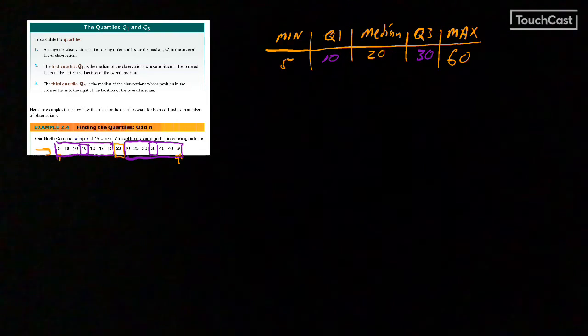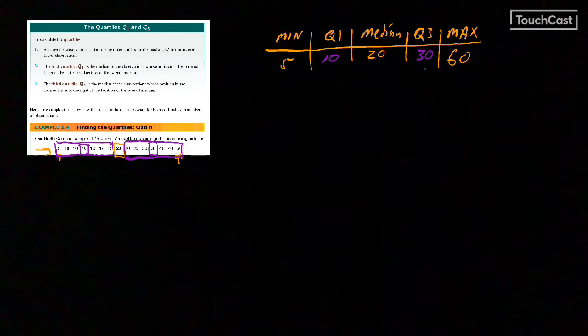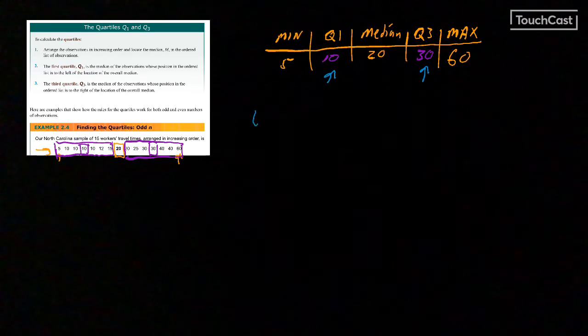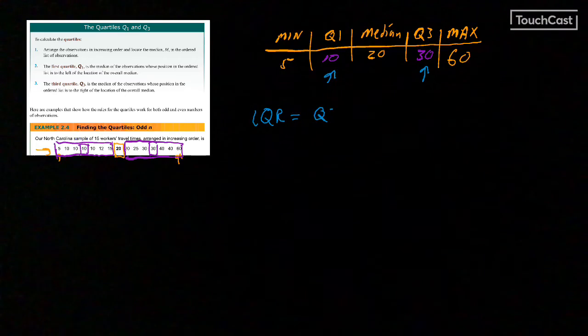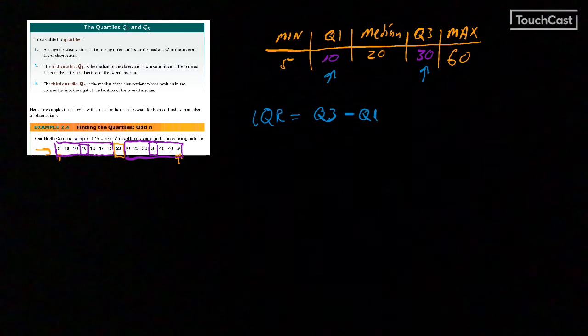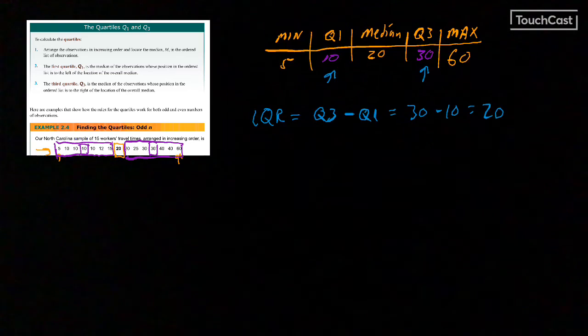So in our example, that's the difference between this value here and this value here. So the IQR is equal to Q3 minus Q1. And we know that is 30 minus 10, or 20. So our IQR is 20.